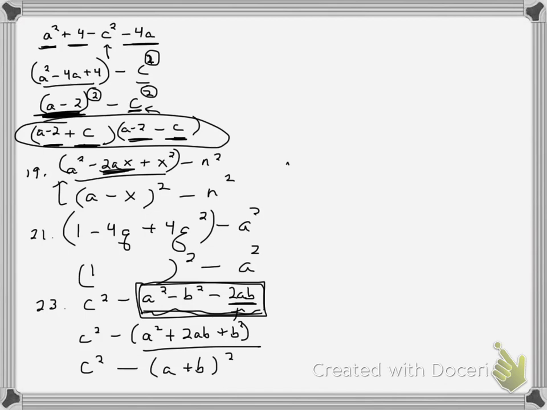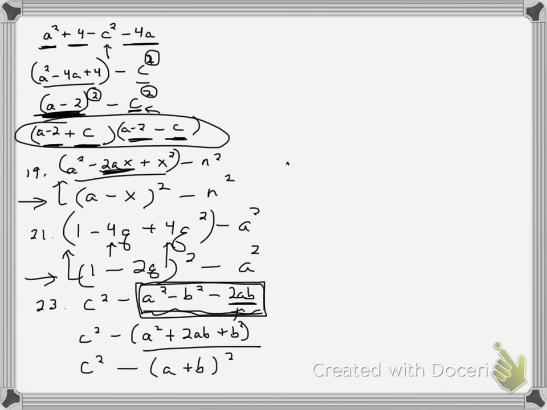This one would be, because if I FOILed back, I would get 1 times 1 for the first term, minus 2q for the second term, and 4q squared for the third term. Okay, so I went ahead and did that and that for you. And you should be able to do the rest.